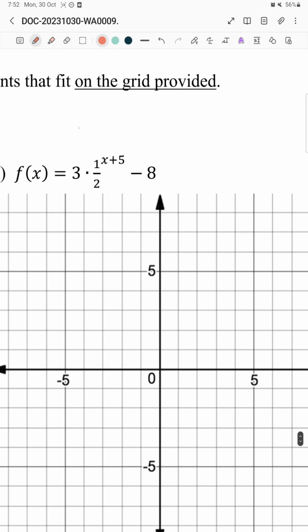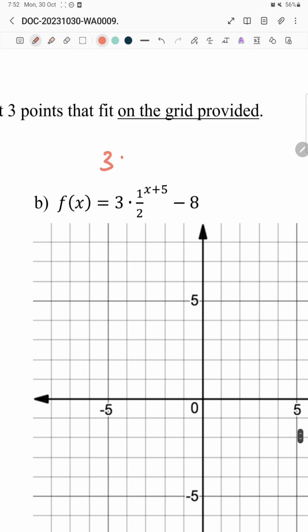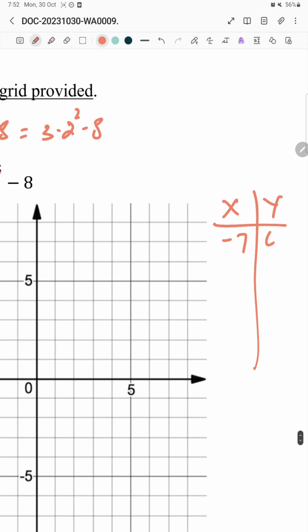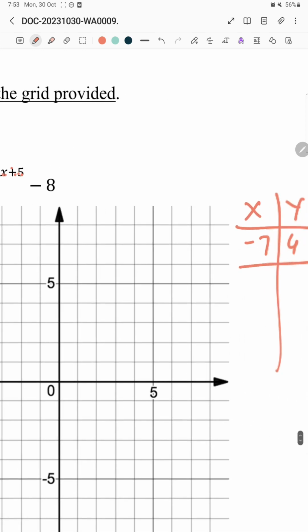Okay, for example, x is minus 7, four. If x is minus 5, minus 5 plus 5 is 0, 1 by 2 to the power 0 is 1, 3 minus 8 is minus 5.